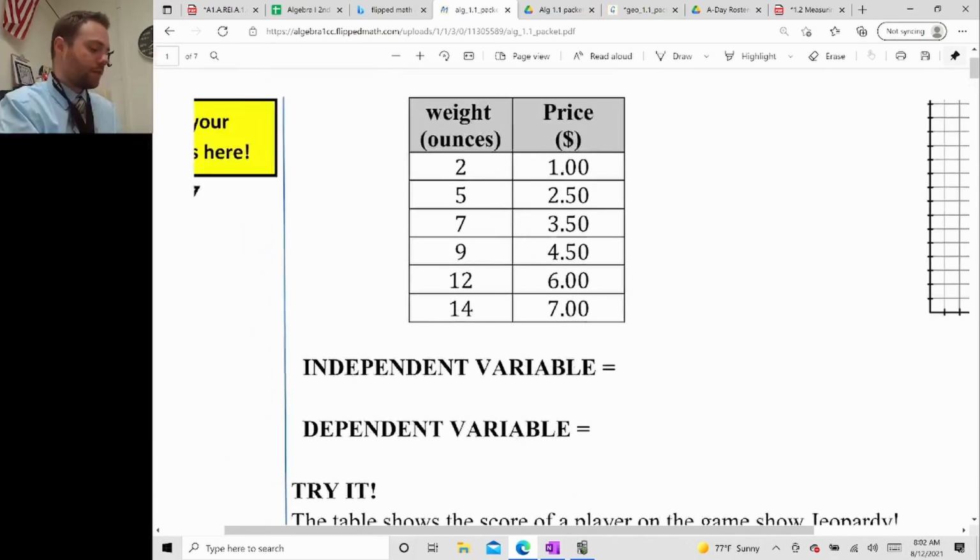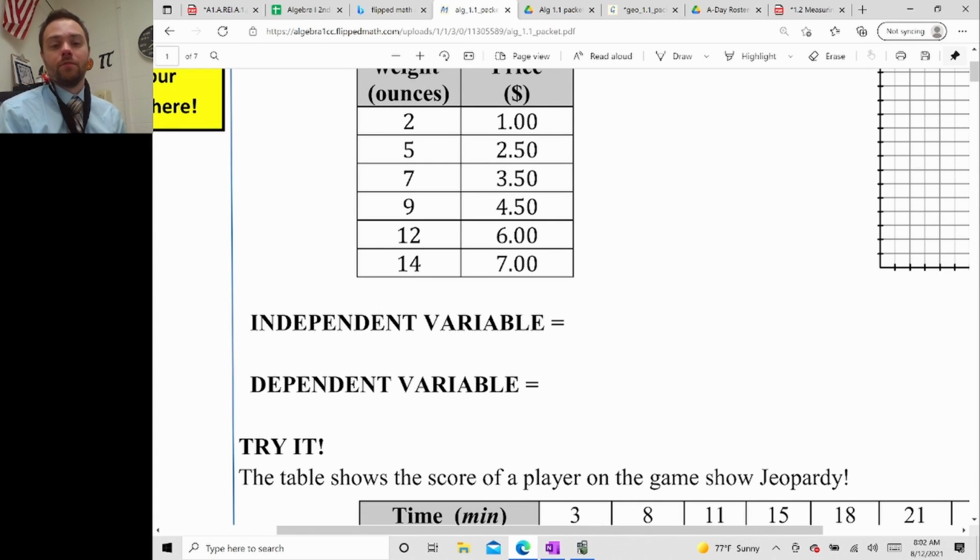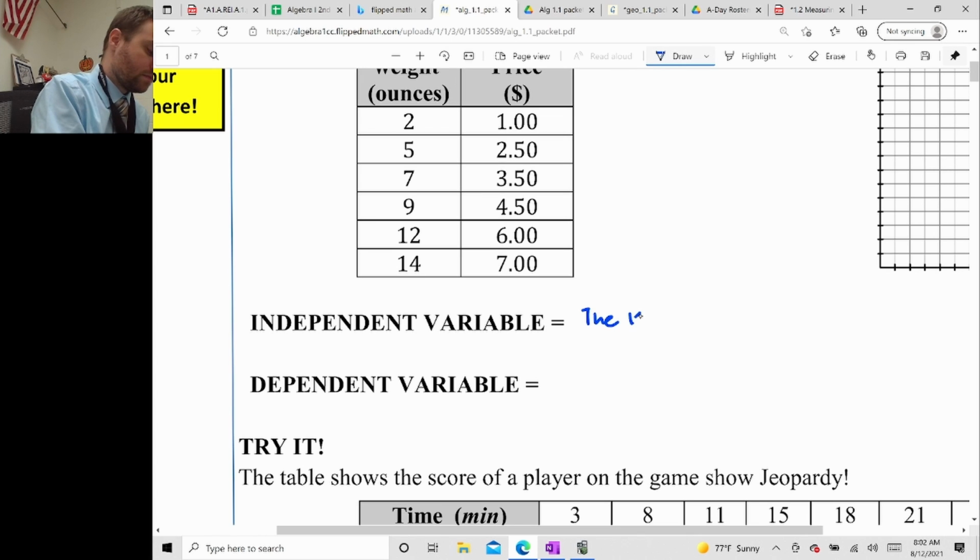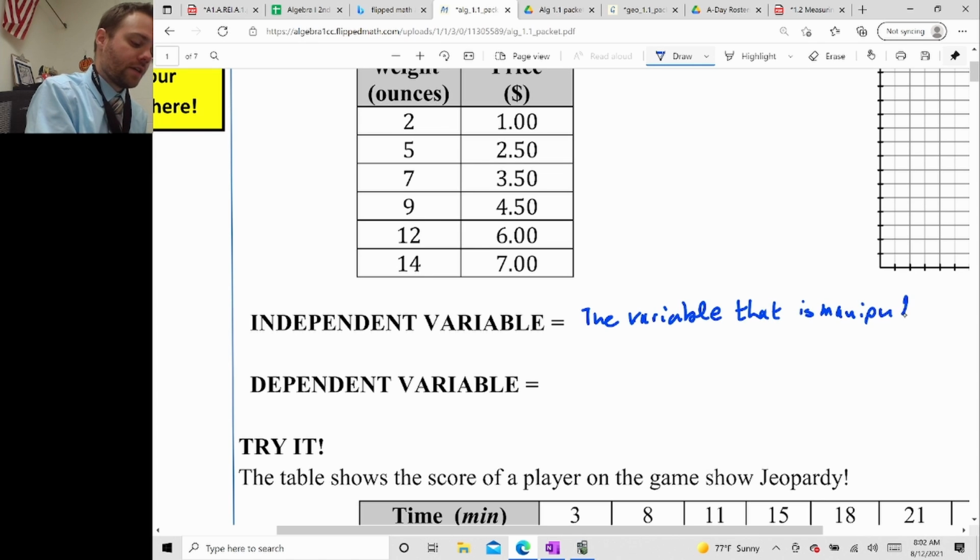So typically you have an input and an output. The input you call the independent variable. This is the variable that is manipulated. A lot of scientists, whenever they're working with problems like this, are going to pick an independent variable that they can manipulate, or observe being manipulated or changing, and see what the outcome is.